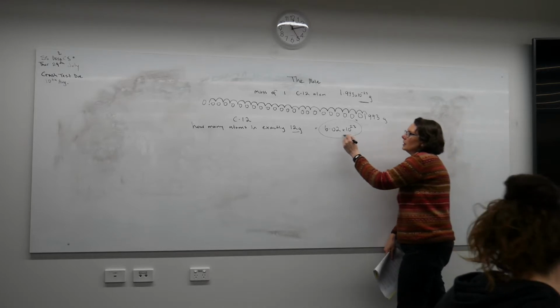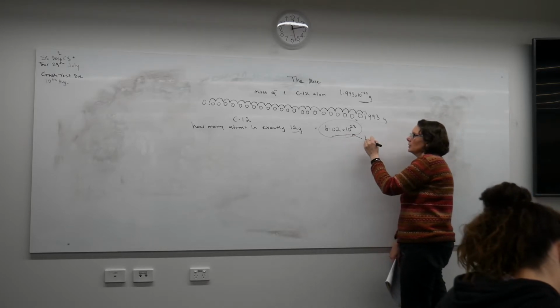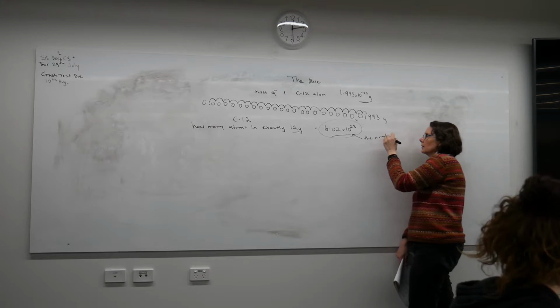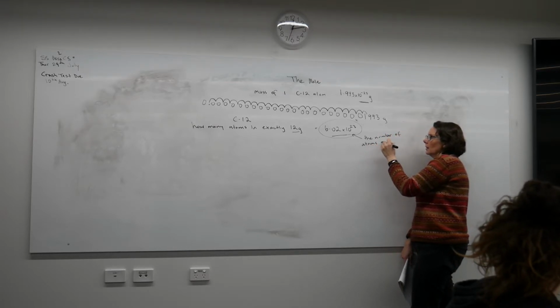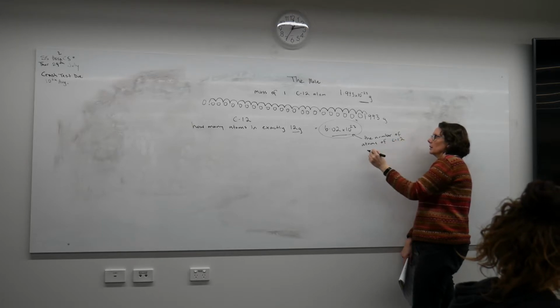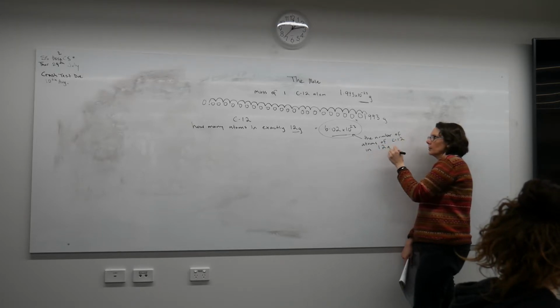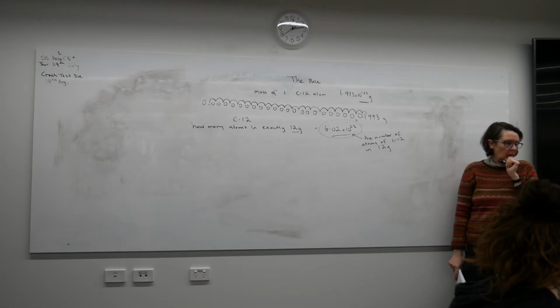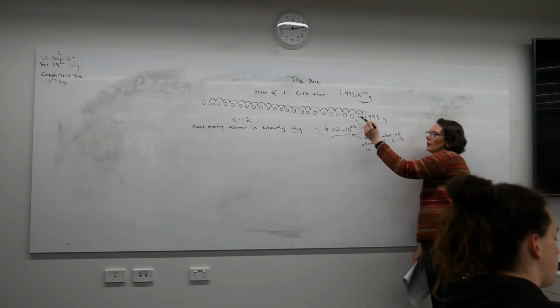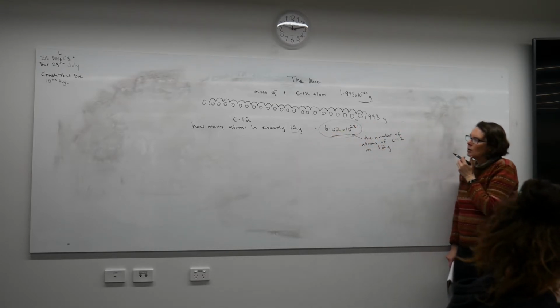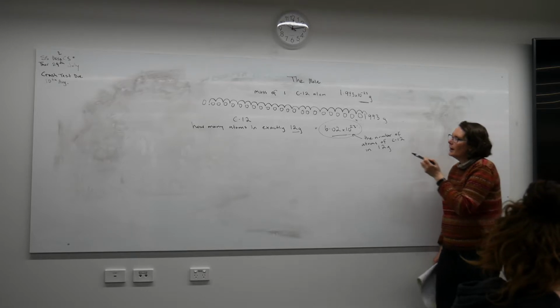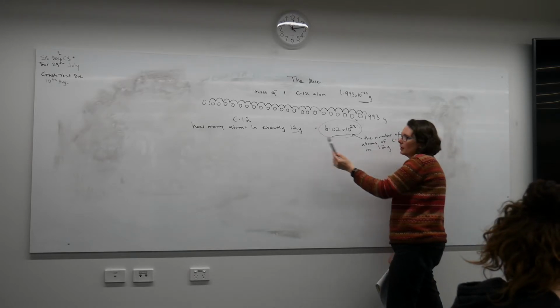So this number here is the number of atoms of C12 in 12 grams. So these two numbers together multiply to give me 12. Or if I divided 12 by this number, I would get this one.